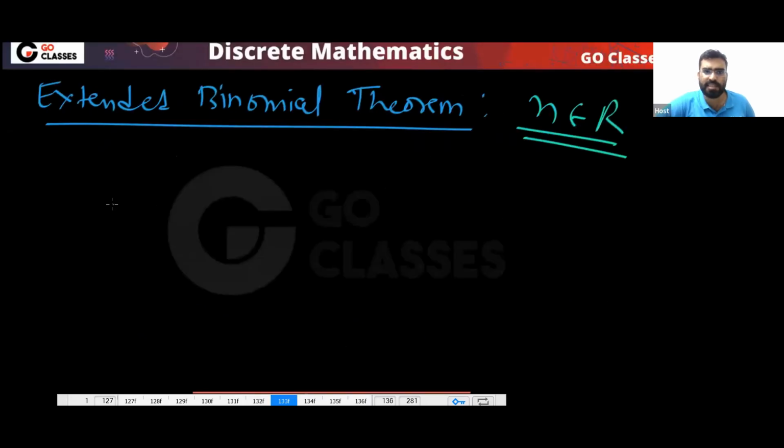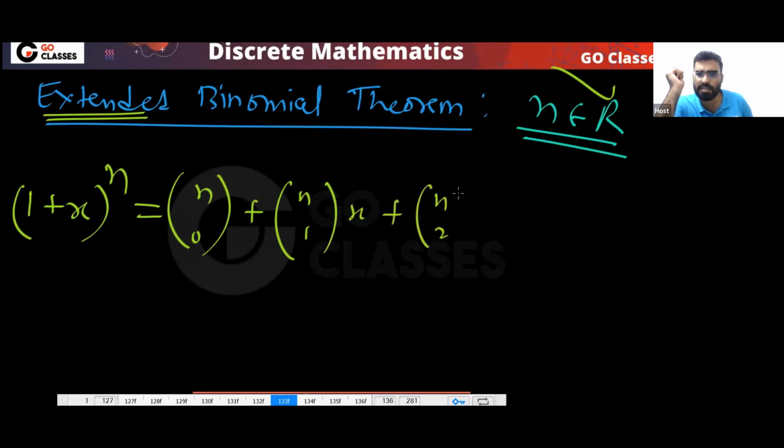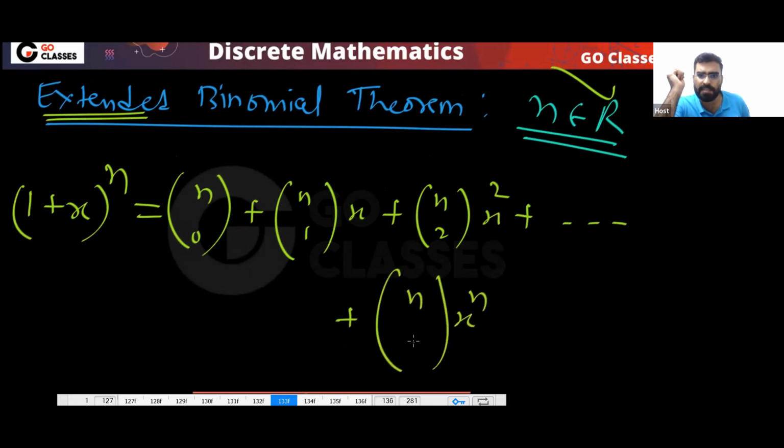So in the extended binomial theorem, we have (1 plus x) power n, where n is a real number, and it will be equal to nC0 plus nC1 x power 1 plus nC2 x power 2. The coefficient of x power n will be nCn.